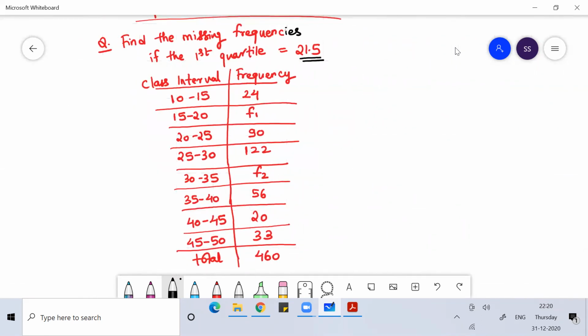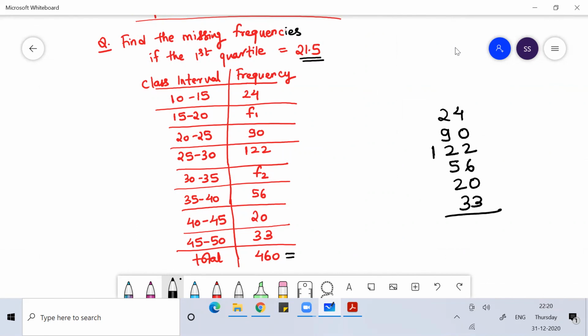The total sum of frequencies is 460. Other way, in terms of numbers, if I try to determine the value of F1 and F2, if I leave F1 and F2 apart, then the frequencies which are known, the sum of those is 24 plus 90 plus 122, then 56, then 20, then 33.